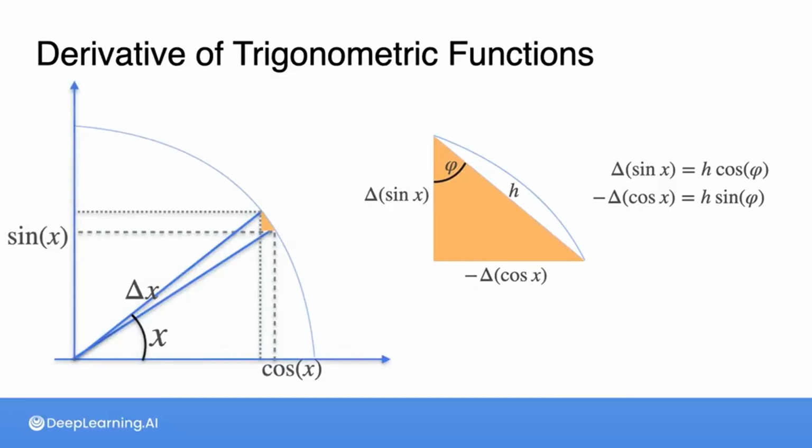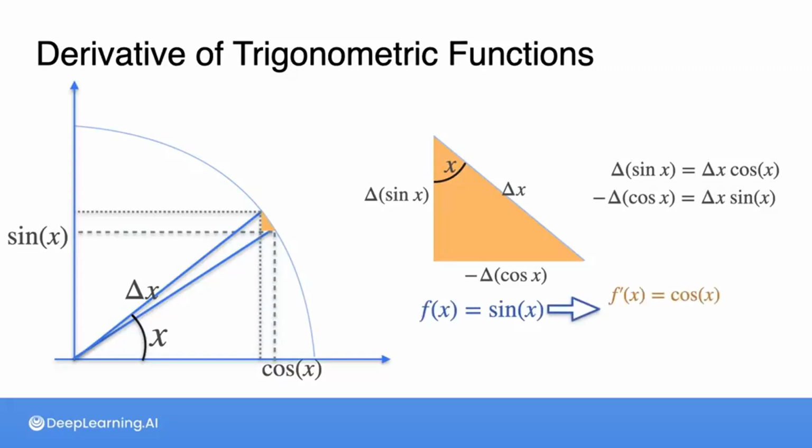Well, the hypotenuse of this triangle almost coincides with the arc of the circle and approaches delta x. The angle phi approaches x, and with these new values we get that delta sine x equals delta x cos x, and negative delta cos x equals delta x sine x.